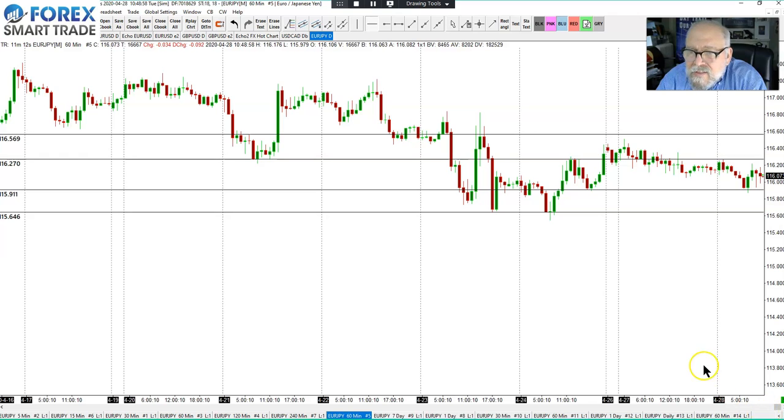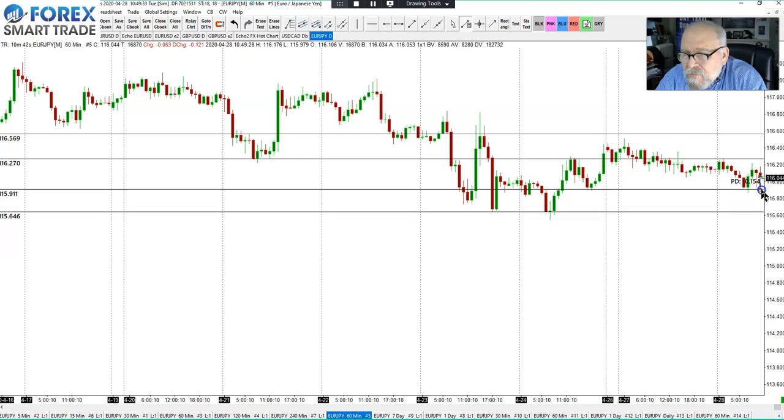Now, looking at this, we've got a very slight down movement in terms of the trend, and with respect to where the current price is, I've got about 20 pips till I hit this resistance line and 15 pips till I hit this support line.